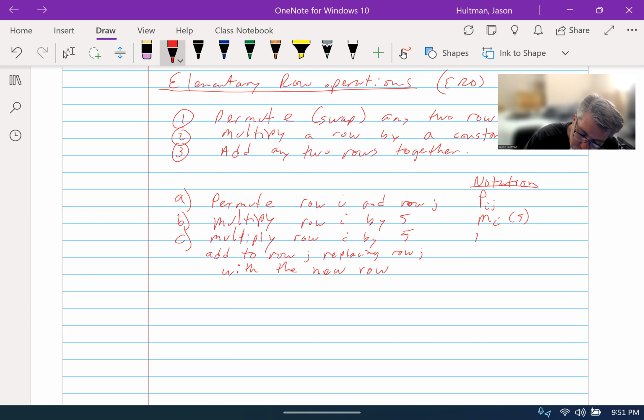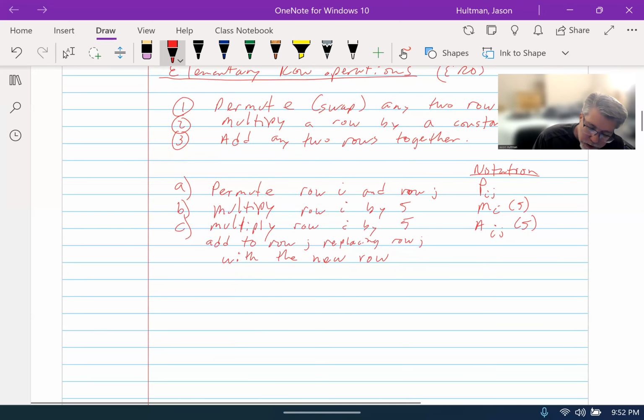Okay, and that we're going to call A ij. So we're going to take row I, multiply it by a constant, say in this case 5, add it to row J, and then replace row J.